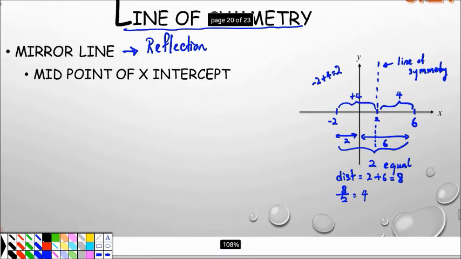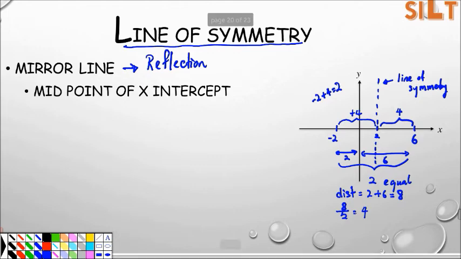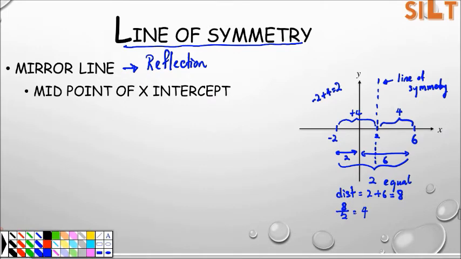So let us look at the line of symmetry again. Now first I mark down the two values of the x-intercept. Then I want to find out the midpoint of the x-intercept.